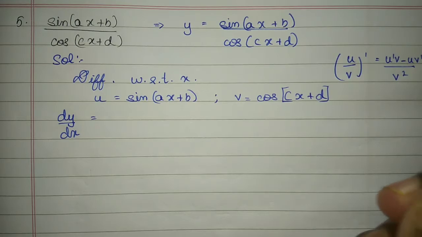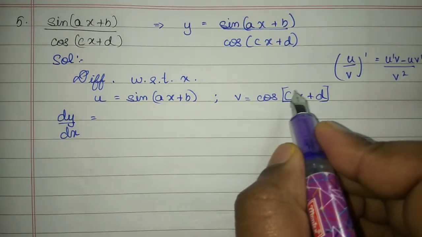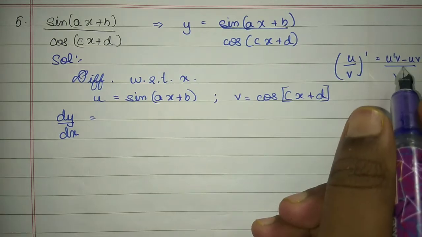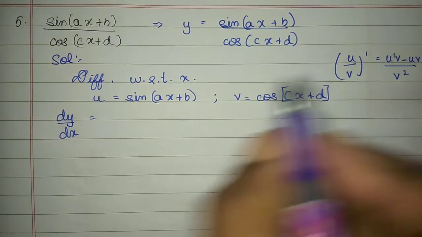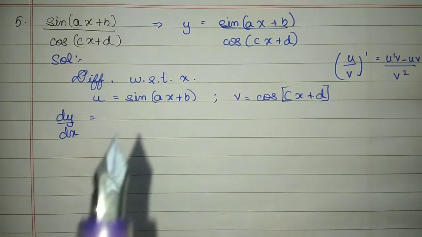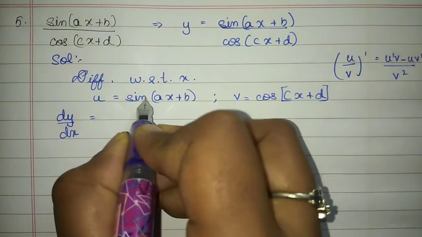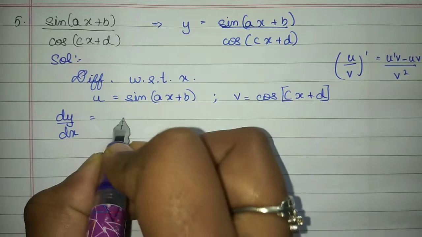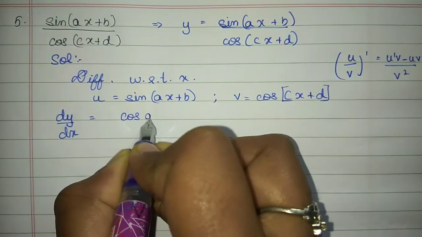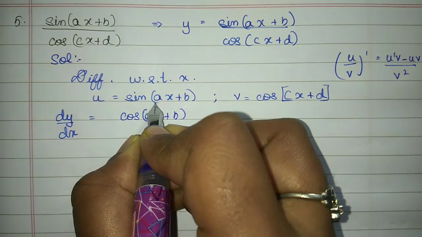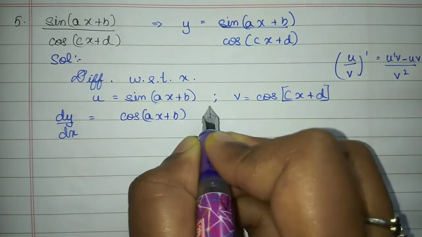Let me just denote with a square bracket, so that isn't a mistake. First I should have u dash, no? So that is d by dx of sin ax plus b. As I taught you, d by dx of sin is cos. So cos ax plus b as it is, and then I will be differentiating this ax plus b.